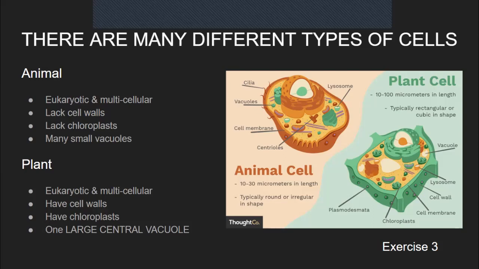So plant and animal cells are both eukaryotic cells. Remember from exercise 1, eukaryotic means it has membrane-bound organelles inside. And so all these membrane-bound organelles mean we're talking about eukaryotic cells. And they're both going to be cell types found in multicellular organisms.